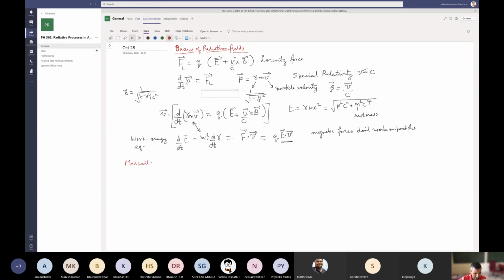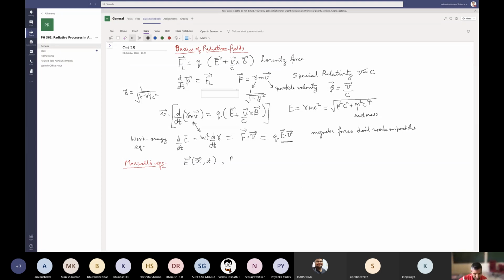Maxwell's equations are the dynamical equations for E and B. How E and B evolve in time is governed by Maxwell's equations. The Lorentz force equation governs how charges move given E and B. E and B are vector fields which depend on position and time.